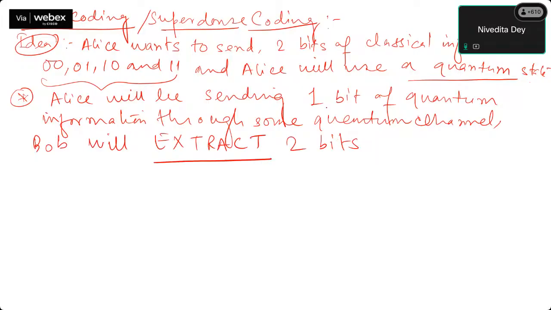So it's from 1 bit of quantum information to 2 bits of classical information.